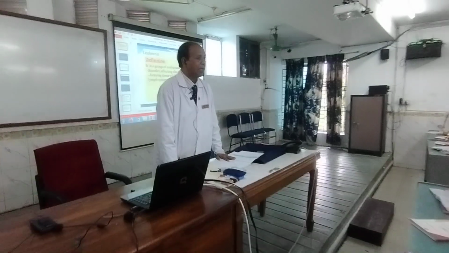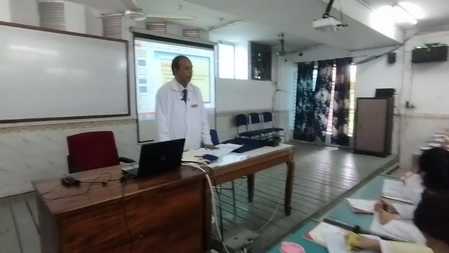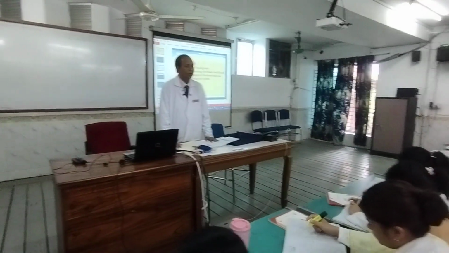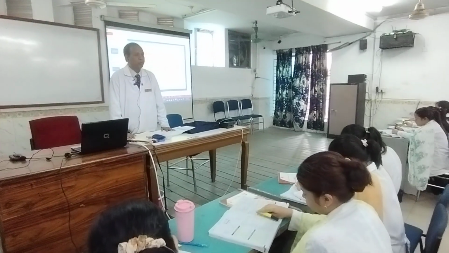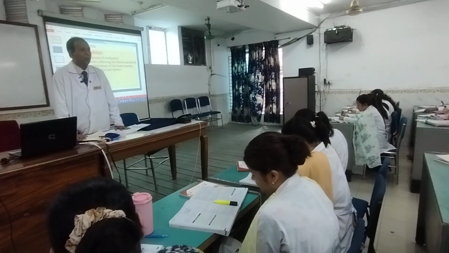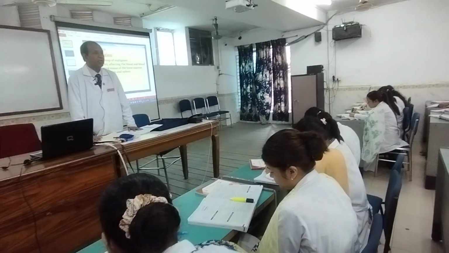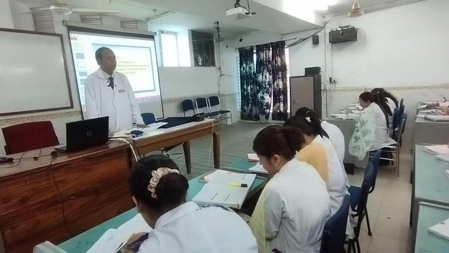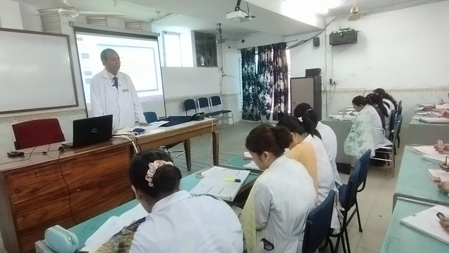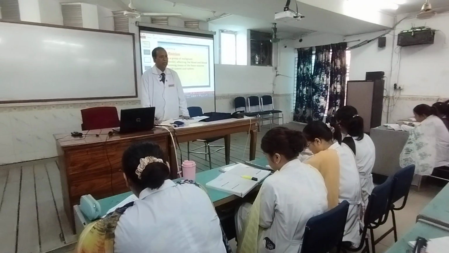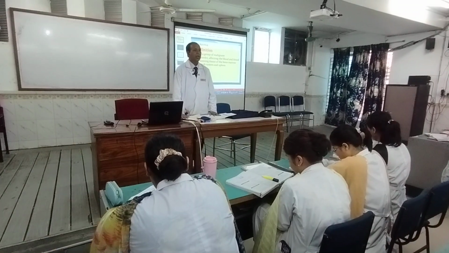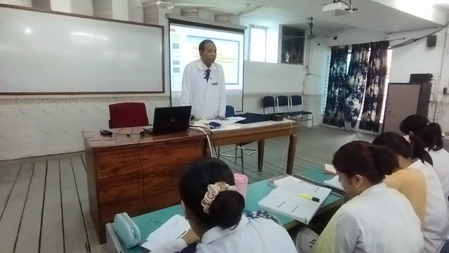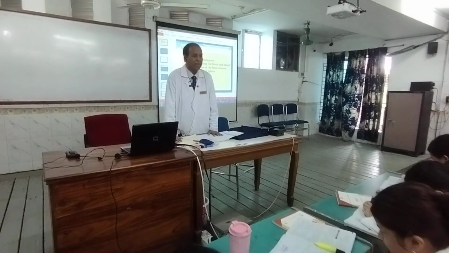Remember this one. There are several types of investigation. Number one is complete blood count with peripheral blood film. Then study of the bone marrow, then immunophenotyping, cytogenetics, then cytochemistry.